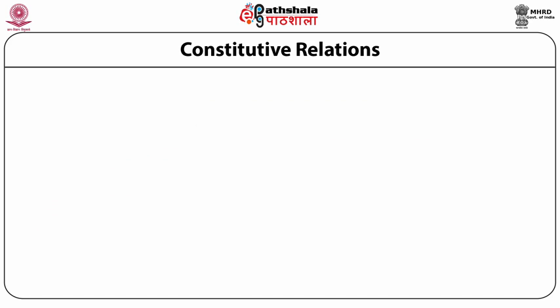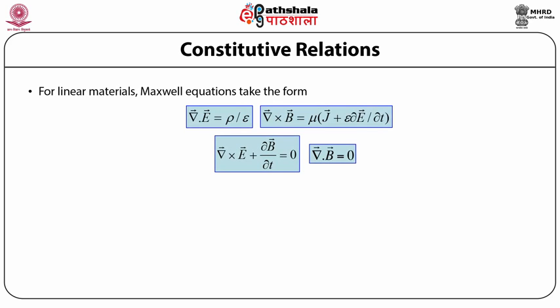Once again, considering linear materials only, that means materials for which these various physical parameters and quantities occur in the first power, we can write down Maxwell's equations as: the divergence of the electric field E is equal to the volume charge density rho upon epsilon. The curl of the magnetic field induction vector B is equal to mu times (the current density J plus epsilon times the time variation of the electric field vector).